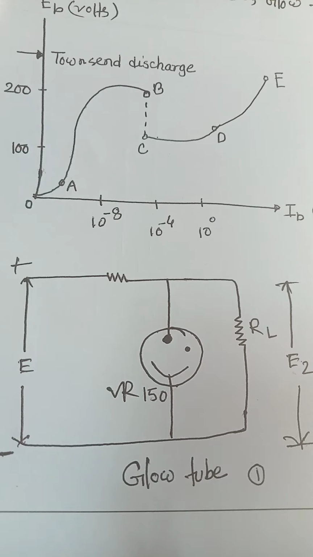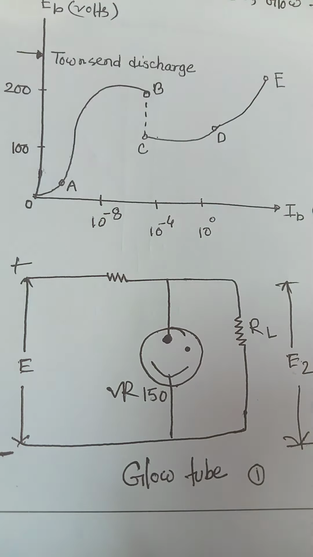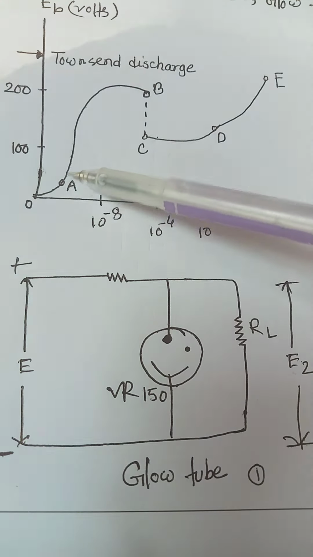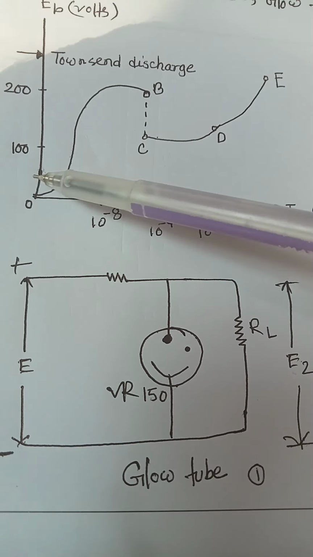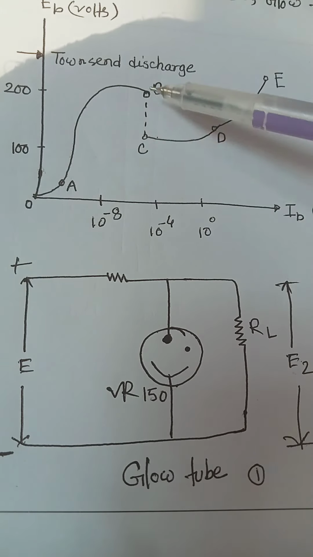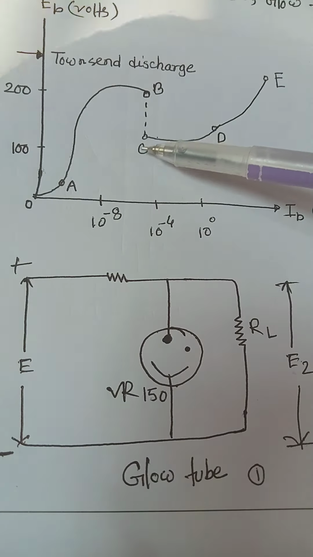At some critical voltage, such as B, the tube fires and the voltage across the tube drops from B to C. B is the critical moment, and the tube goes from B to the C terminal.